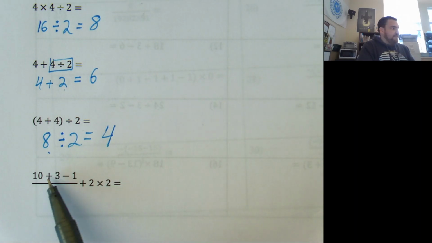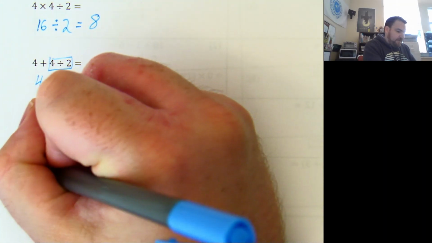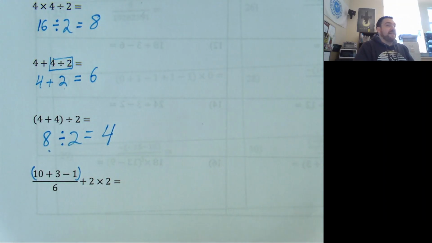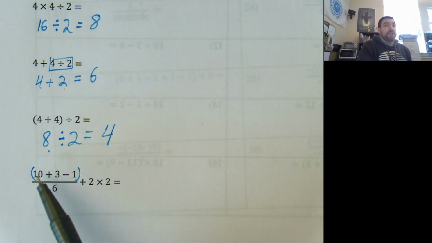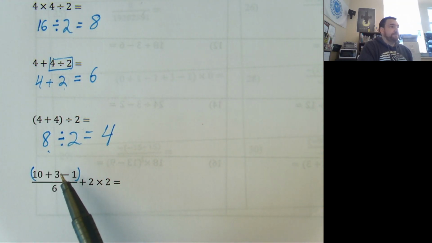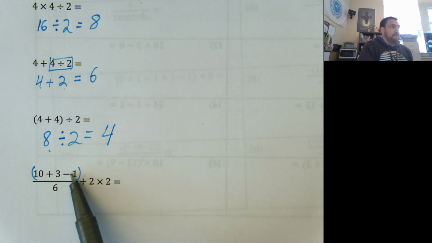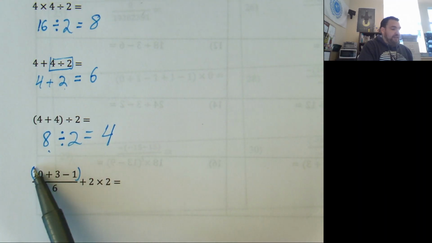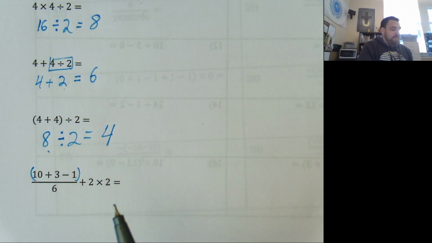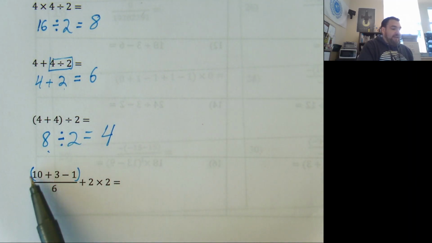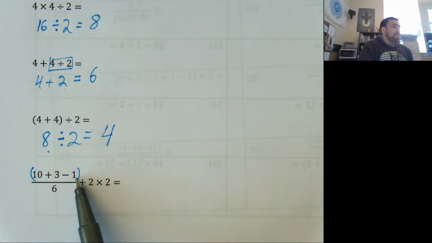When you've got a bunch of stuff in the numerator, what's actually around it is a set of brackets, and to help you out, I want you to get into the habit of putting them in there. When there's a bunch of math in the numerator, treat it like it has brackets around it. Actually put the bracket there. And then we can start doing some of this stuff. The brackets were implied. Now they're obviously there. So the first step in the BEDMAS here is going to be to do what?